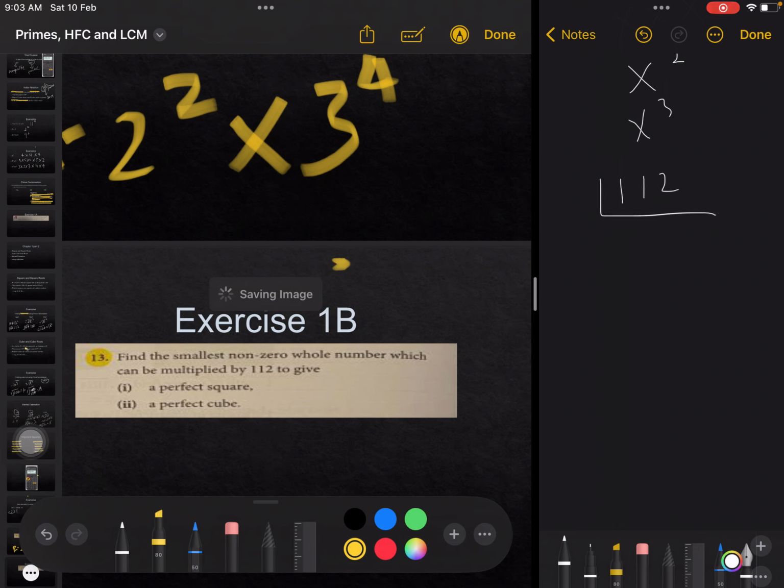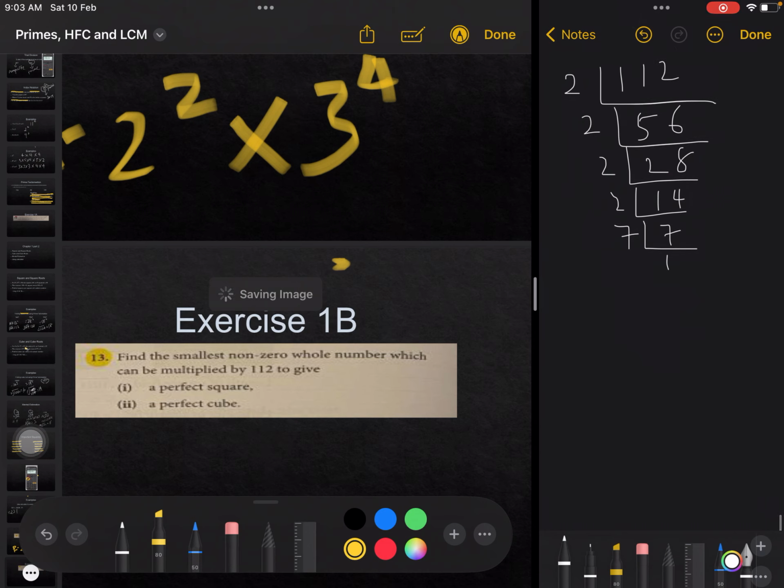So 112 divided by 2 will be 56. Divided by 2 again will be 28. Divide by 2 again will be 14. 2 again, then will be 7. 7, then 1. So we know that 112 is equal to 2 times 2 times 2 times 2 times 7, equal to 2 to the power 4 times 7.